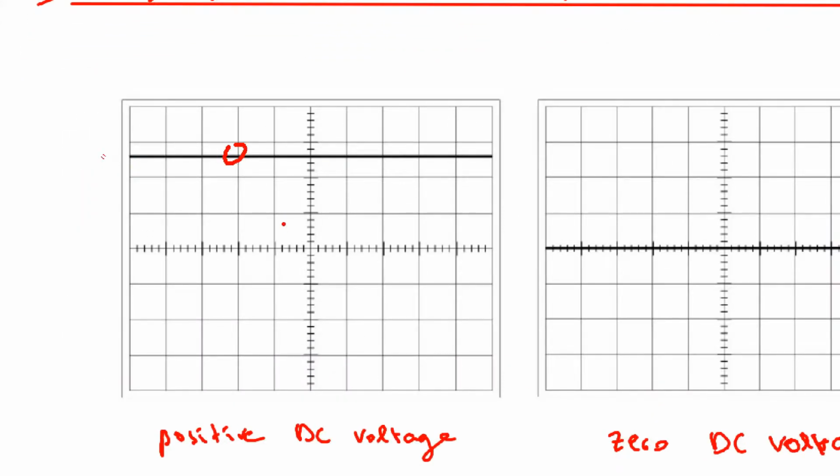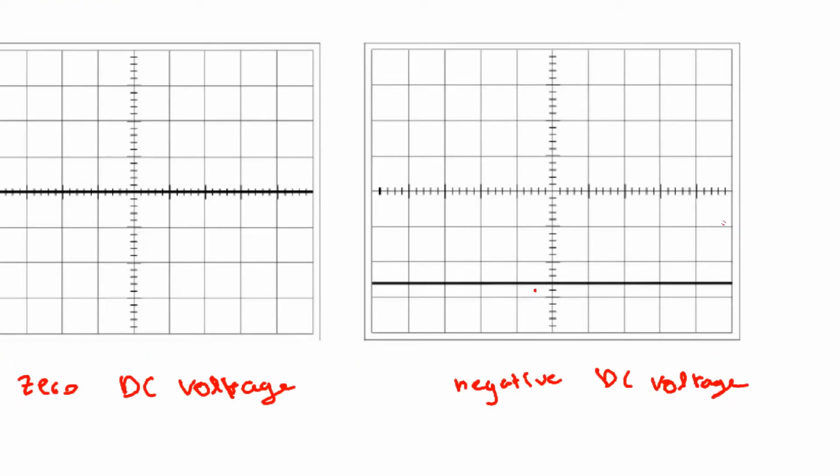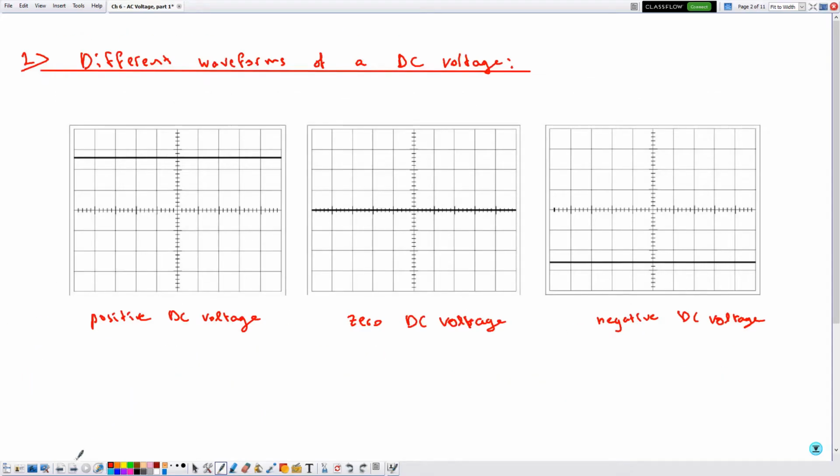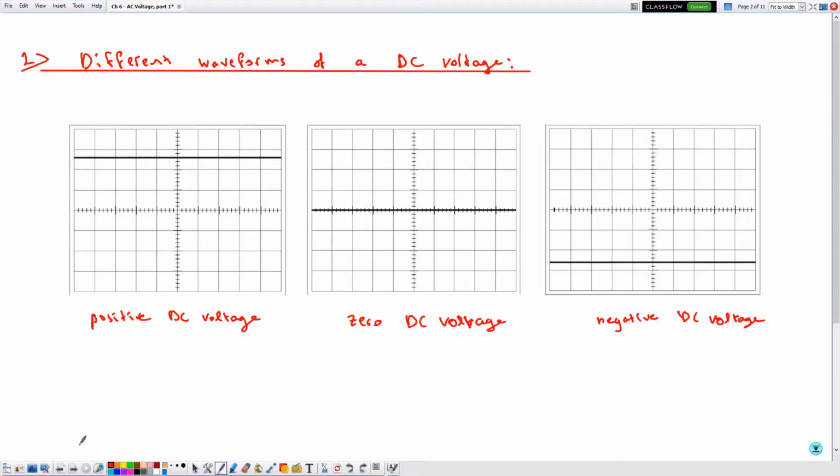So this is a constant voltage which is positive with respect to time t. This one is constant because it is 0, and this one is constant because it is negative, displaced downward. For all instants of time t, it has a fixed value, say for example -2.6 multiplied by the vertical sensitivity.